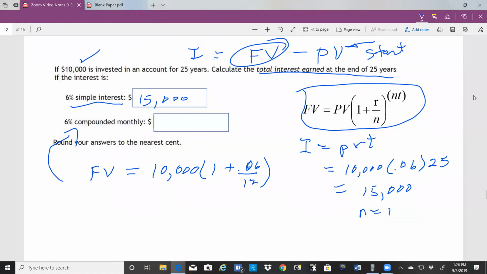N is equal to 12. T is equal to 25. So NT is 300.